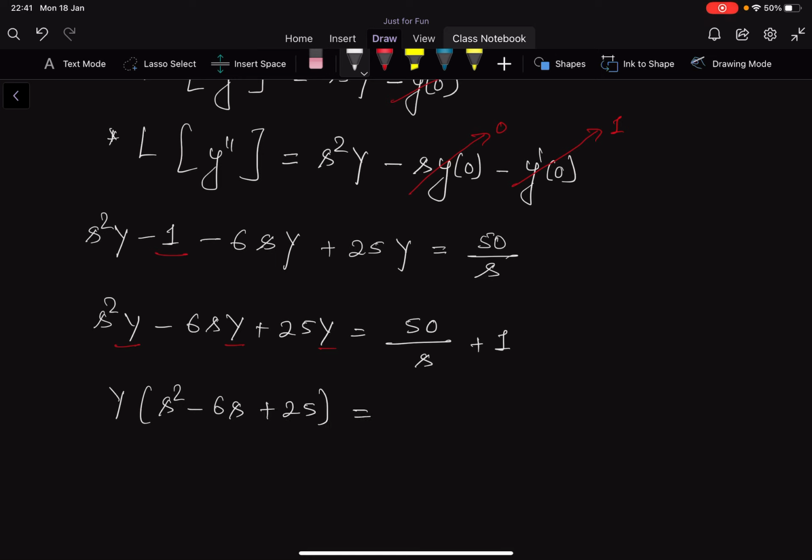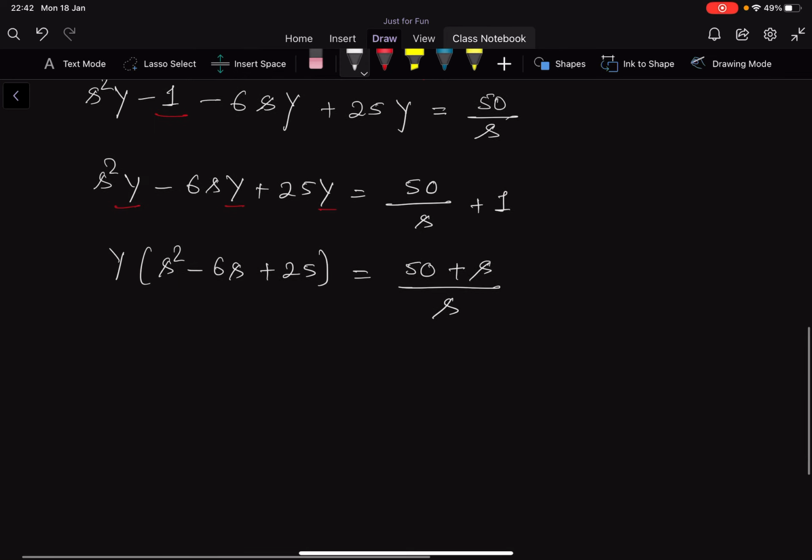On this side we can make a single fraction, because there is 50 over s plus 1. Whenever you're solving this kind of thing, remember your basic math class, how to make this a single fraction. So it's going to be simply 50 plus s divided by s. That's how you get the right-hand side.